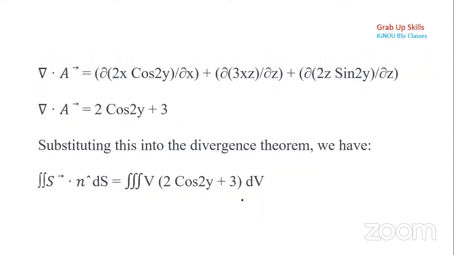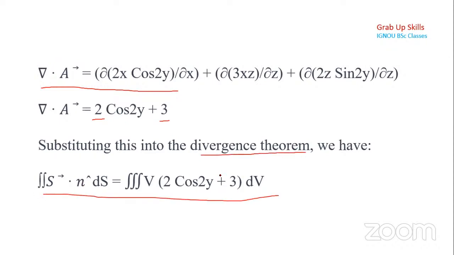So we will compute this A vector using this formula, just substituting the values given to us. Then we will substitute this into the divergence theorem. This is what we get when we substitute it in the divergence theorem.